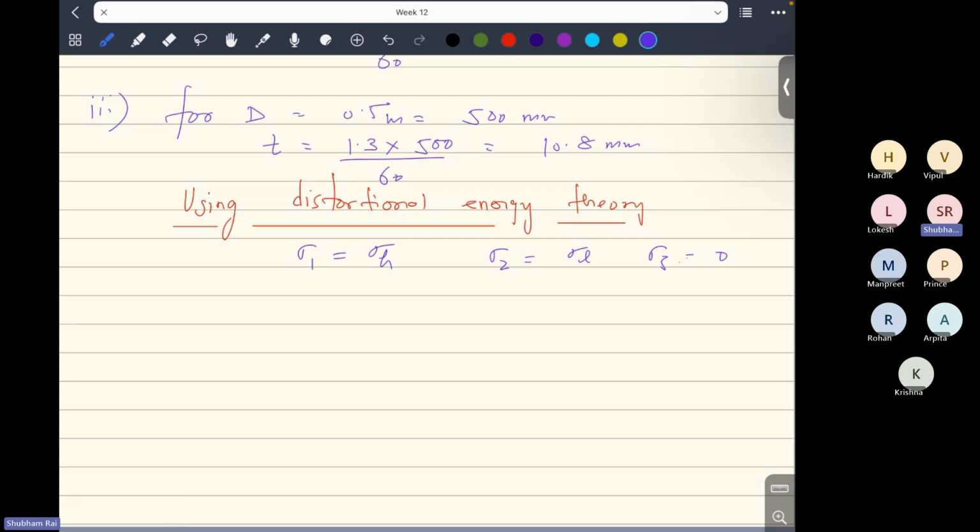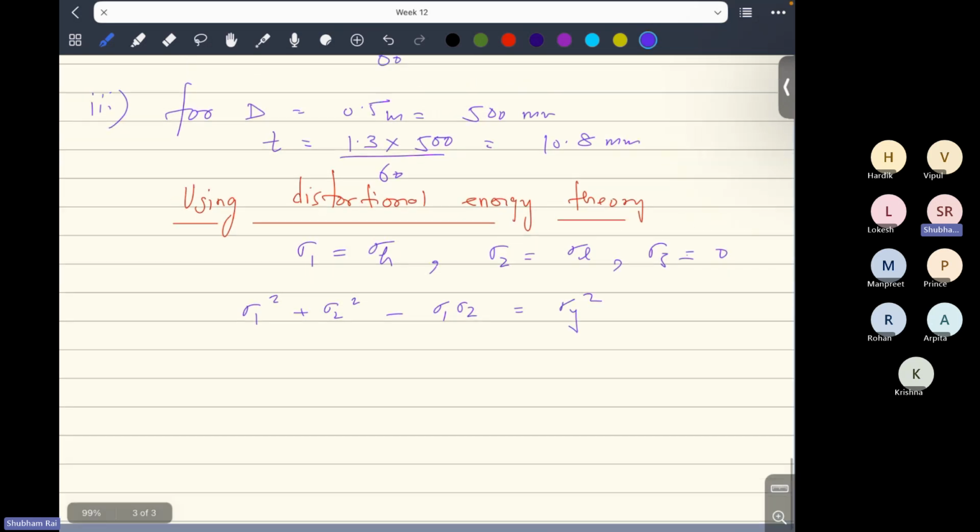Now if you apply the maximum distortion energy theory, you will be left with sigma 1 square plus sigma 2 square minus sigma 1 sigma 2. Although it should be less than, I'm taking the maximum case, so that should be equal to sigma y square.